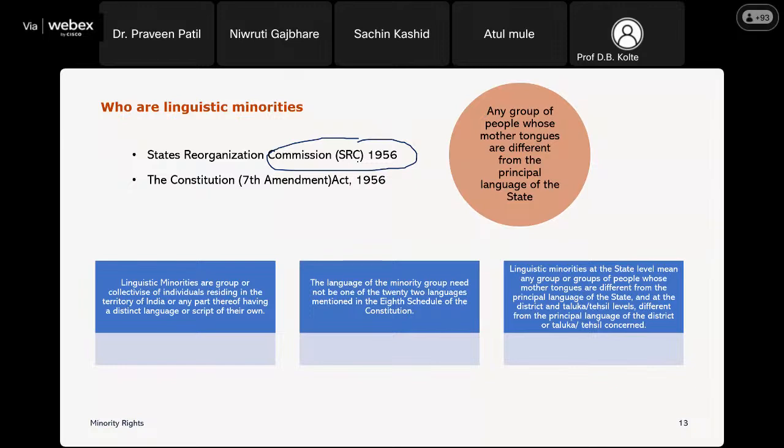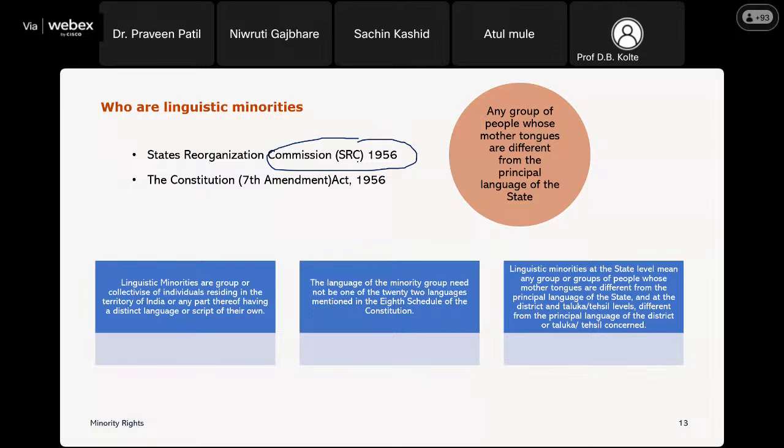But as I said, during the 1956 reorganization, many of the areas and many of the territories which should have been a part of one state went to the other state. For example, Marathi speaking people went to Karnataka, and as Karnataka claims, Solapur people who speak fluent Kannada should have been in the state of Maharashtra.